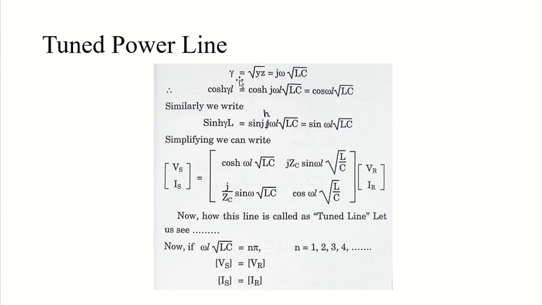Instead of this under root of yz, we can write j omega under root LC. So we can write cosh of j omega L, where L will stay as it is and gamma's value we will substitute here. So we'll have cosh of j omega L under root LC. In the same way, for sinh gamma L, I can write sinh of j omega L under root LC, right?